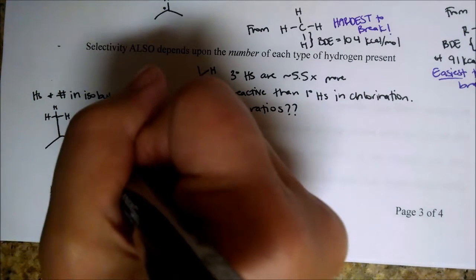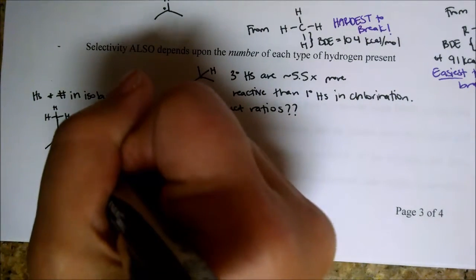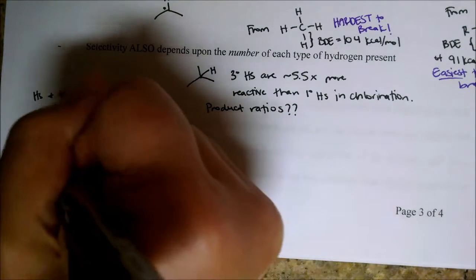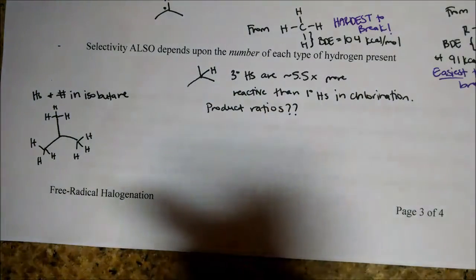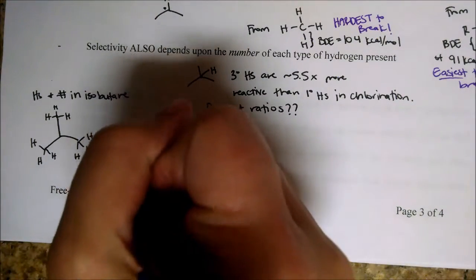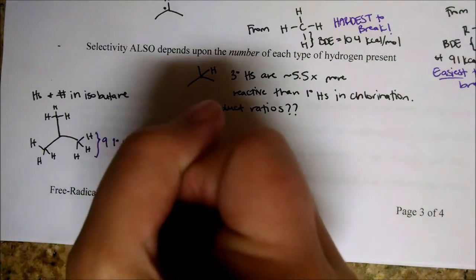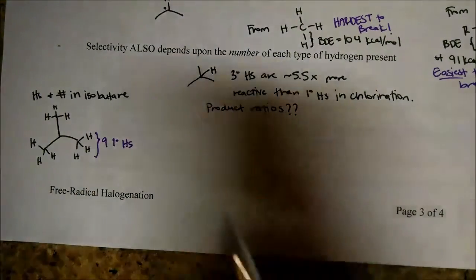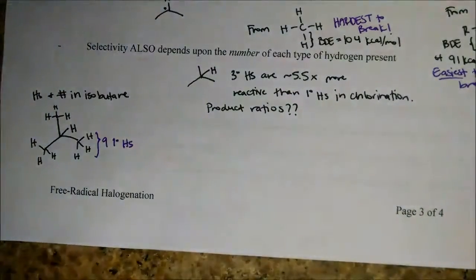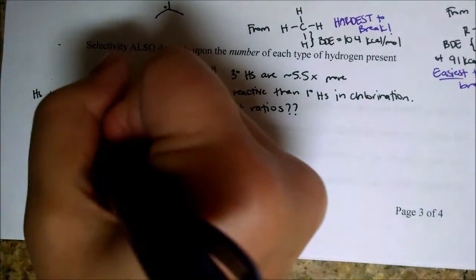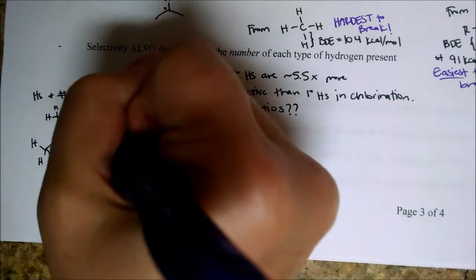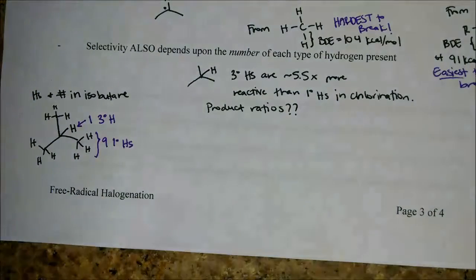These are all primary because they're on primary carbons. Here's another set of 3, and all down here. Okay, so there are 9 primary hydrogens. How many tertiary hydrogens are there? Just 1. This guy right there. Just him. Again, he's on a tertiary carbon, so he's a tertiary hydrogen. So he has 1 tertiary hydrogen.